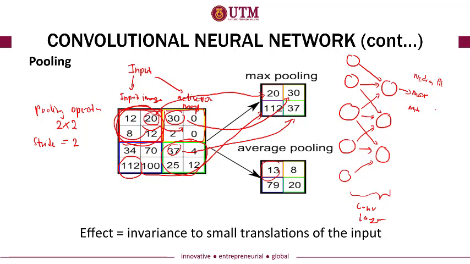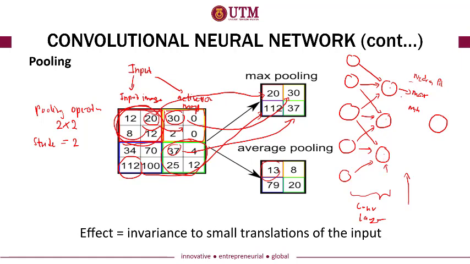So let's say you want to apply the subsampling at this stage. Let's say this neuron represents the output after applying the maximum pooling. Let's say among these 3 outputs, the maximum value is this one.